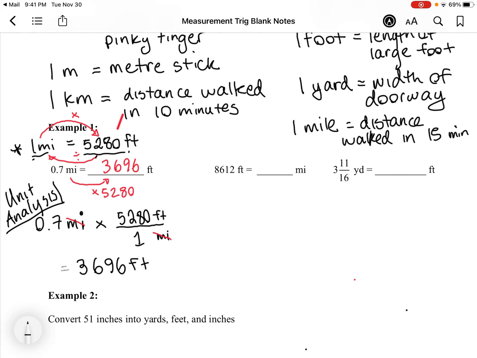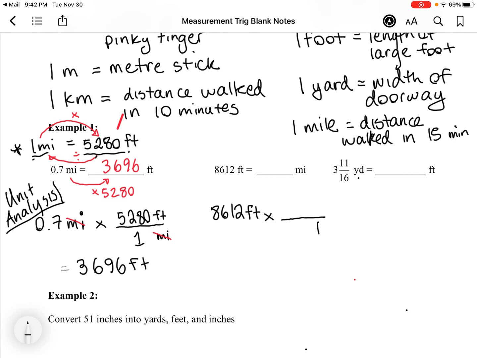With unit analysis, the first thing you do is write the original measurement, which is 8,612 feet. One important thing I didn't emphasize, but should: with unit analysis, keep all the units. Now we want to multiply this by the conversion factor in a fraction with the old units in the denominator.